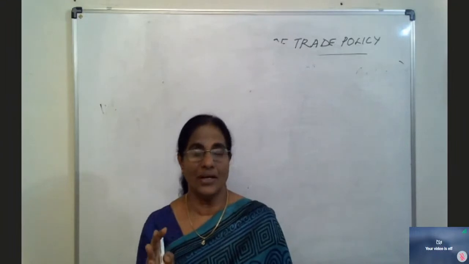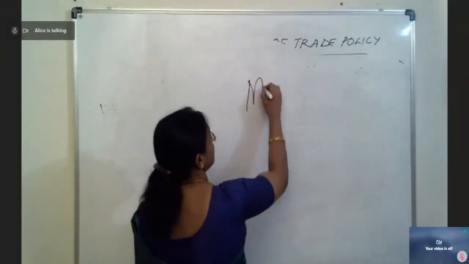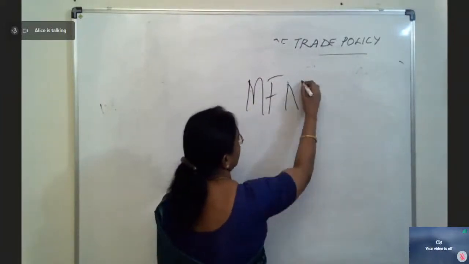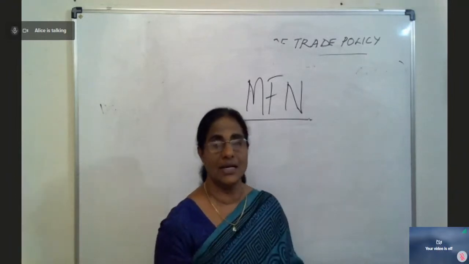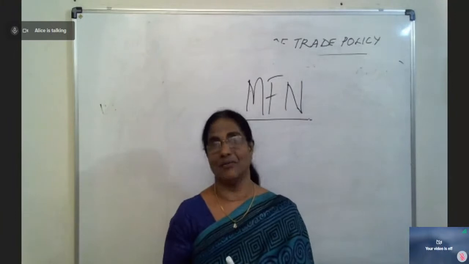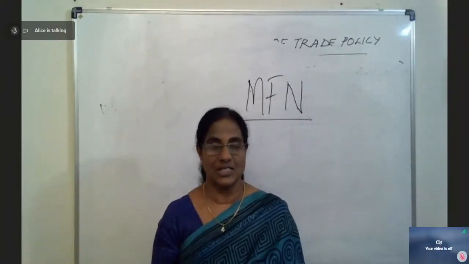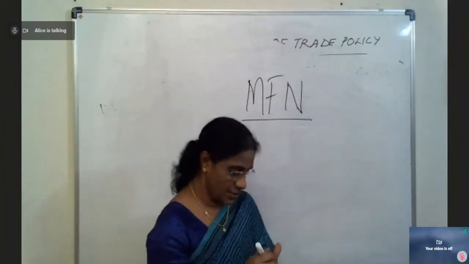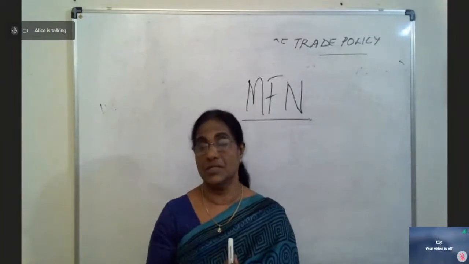The next one is very, very detailed, but for the time being, we'll just mention it. MFN. We'll go to the WTO unit, and you will study it in detail. Most favored nation tariff. Who is the most favored? In your family, who is the most favored person? Your family members, isn't it?